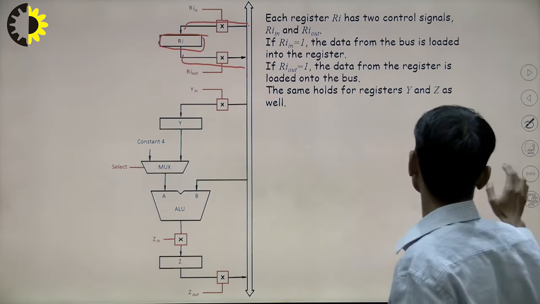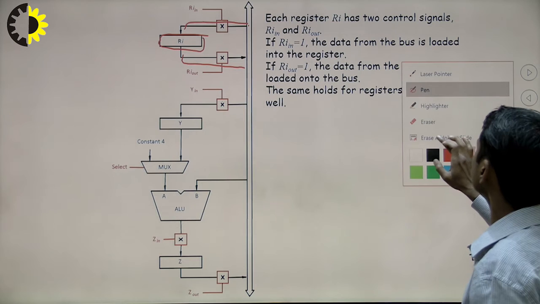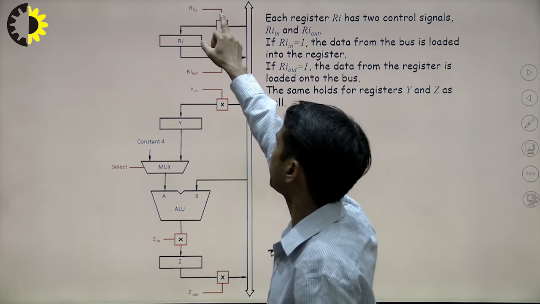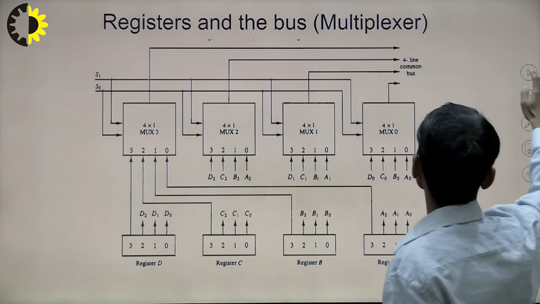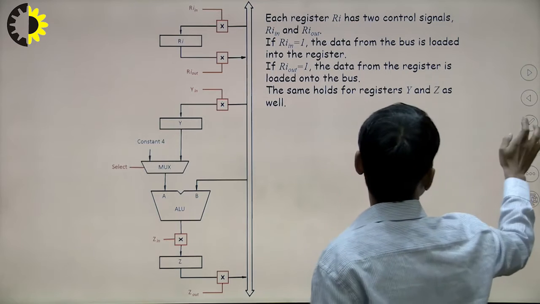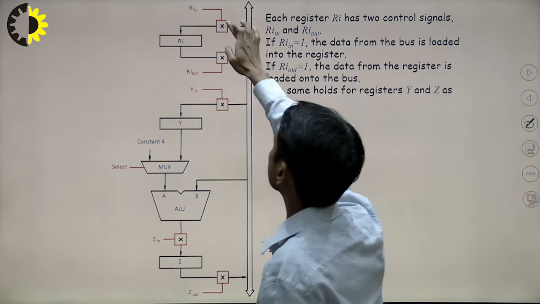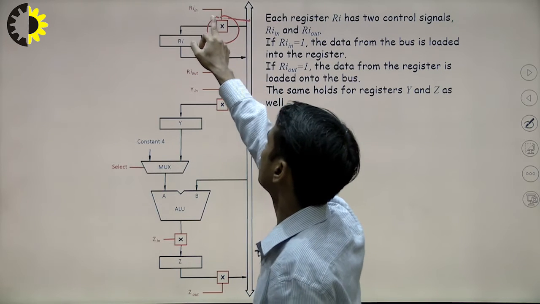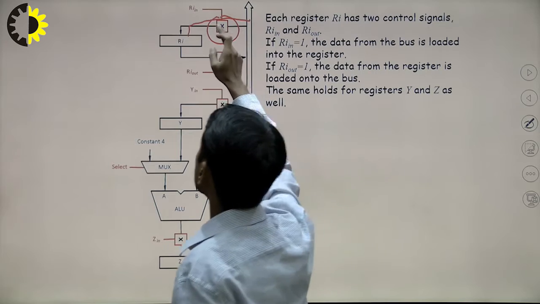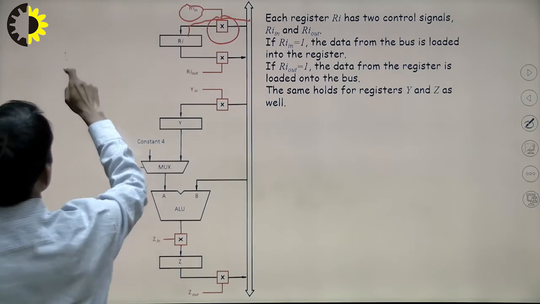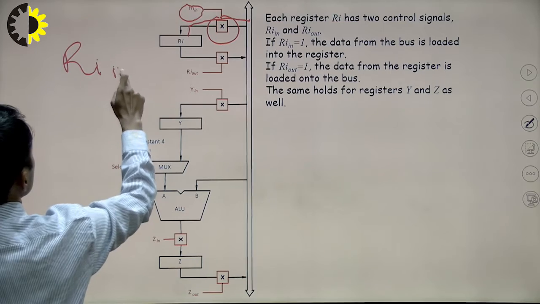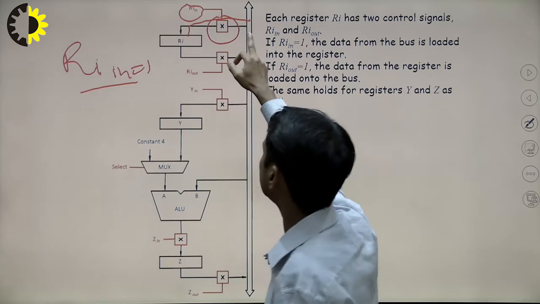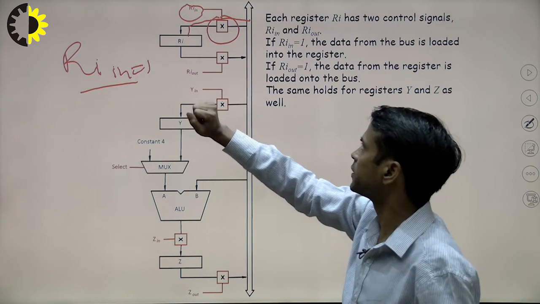Now, you can see here that there is a gated entry, which tells whether data from the bus will go to the register or not. So, when Ri in is enabled, or set to 1, then only data will go from bus to register.